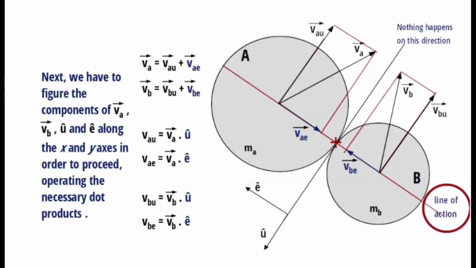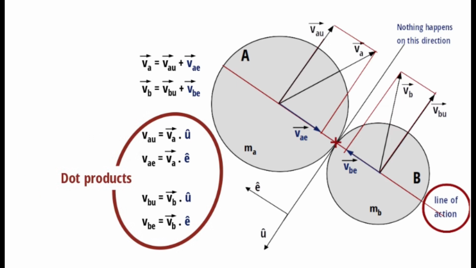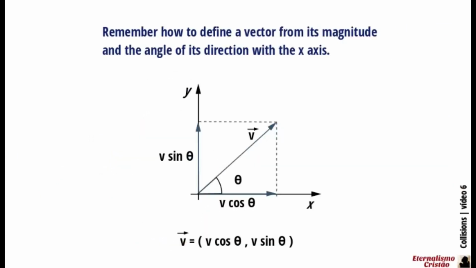First, we have to find the components of the initial velocities, VA and VB, and of the unit vectors, U and E, along the x and y axes in order to proceed, operating the necessary dot products. Remember how to define a vector, from its magnitude and the angle of its direction with the x-axis.